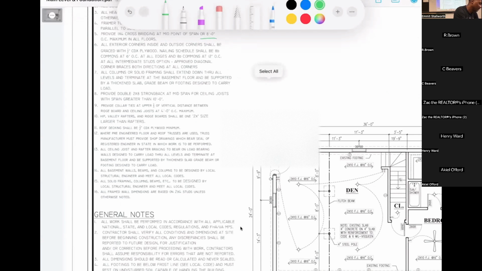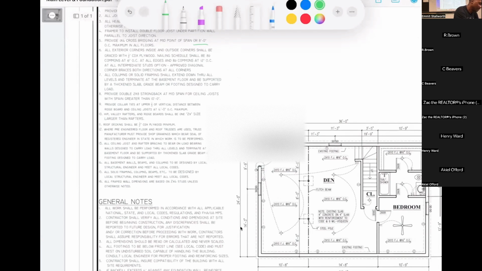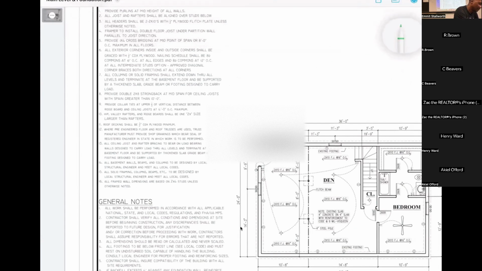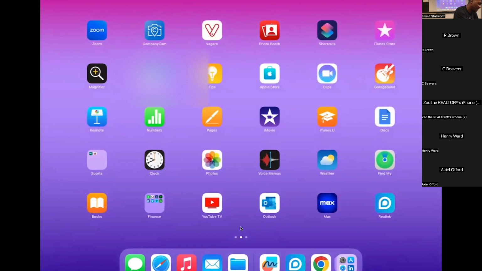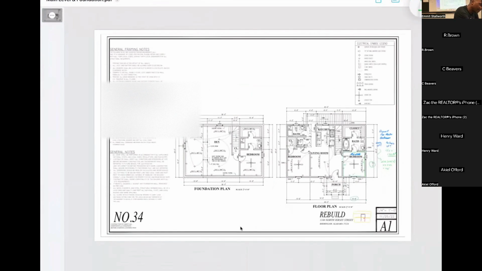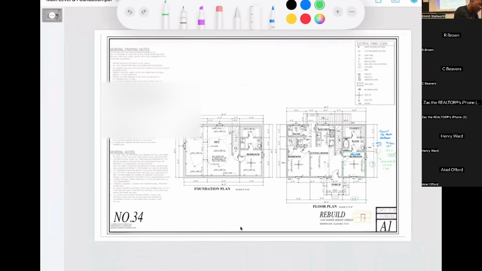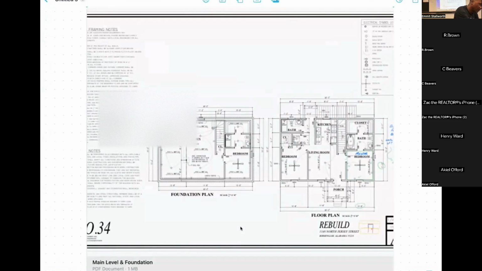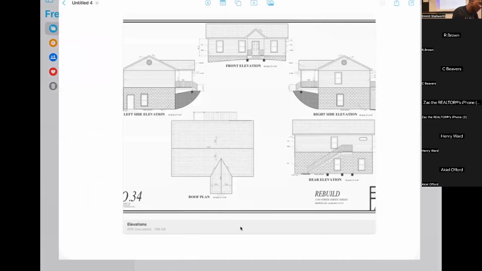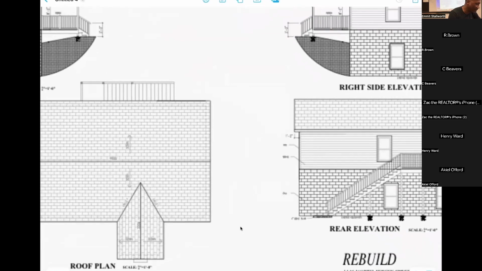Let me see. Yeah, here we go. I hope that don't erase everything, guys. Let me go back here, then I'm gonna go right here. This right here can tell me what my height's gonna be.